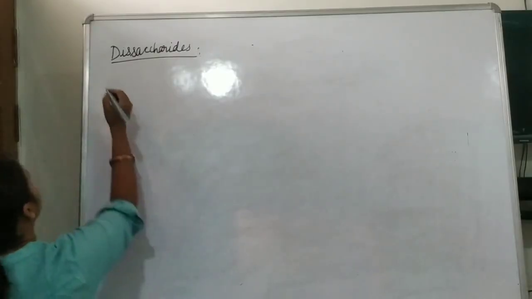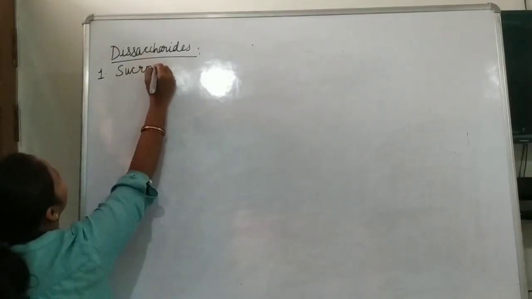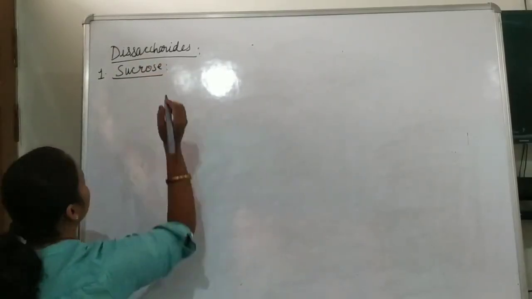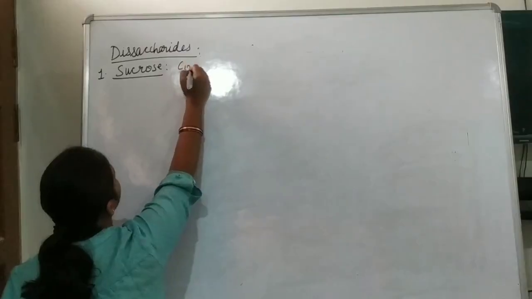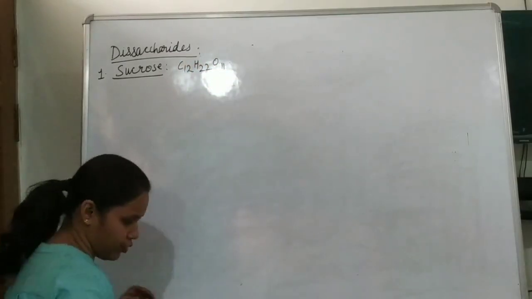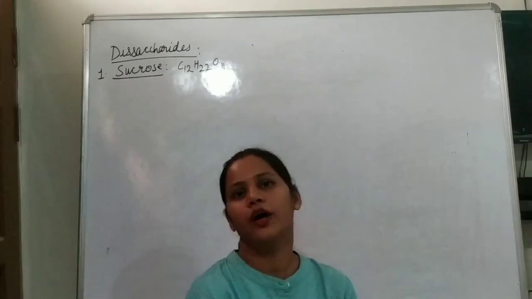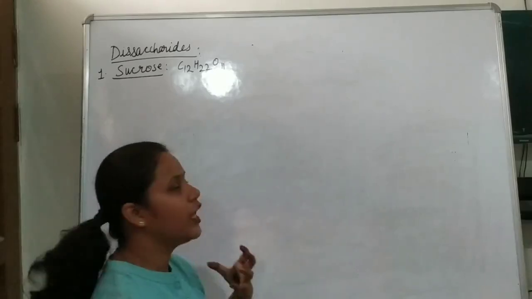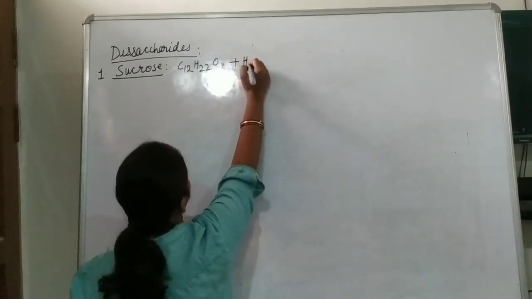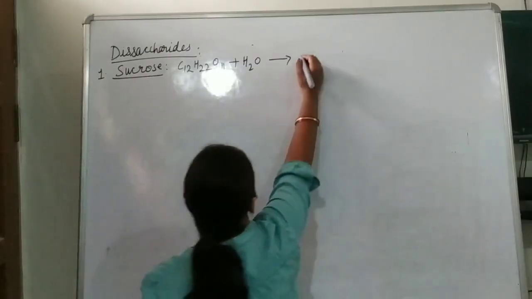First of all is sucrose. Let's write the molecular formula, C12H22O11. Sucrose is a disaccharide which on hydrolysis gives an equimolar mixture of glucose and fructose.